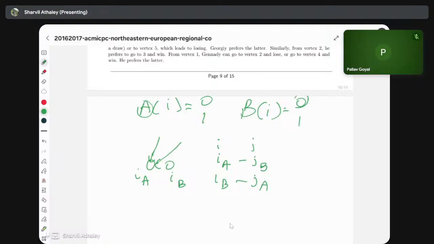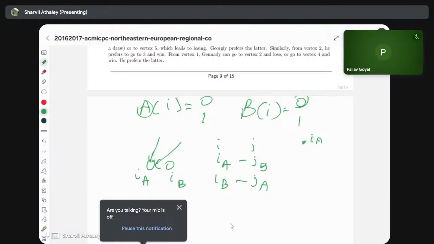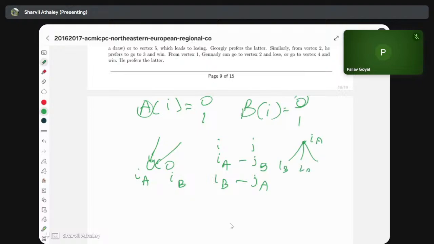So let's say there is a node iA, and it has multiple edges to, let's say, 1B, 2B, and so on. If we know that the game will terminate for all these, or even if there is just one vertex 1B on which the game terminates, we will know that the game will also terminate on iA if A wants them to terminate, as it can move along that edge.